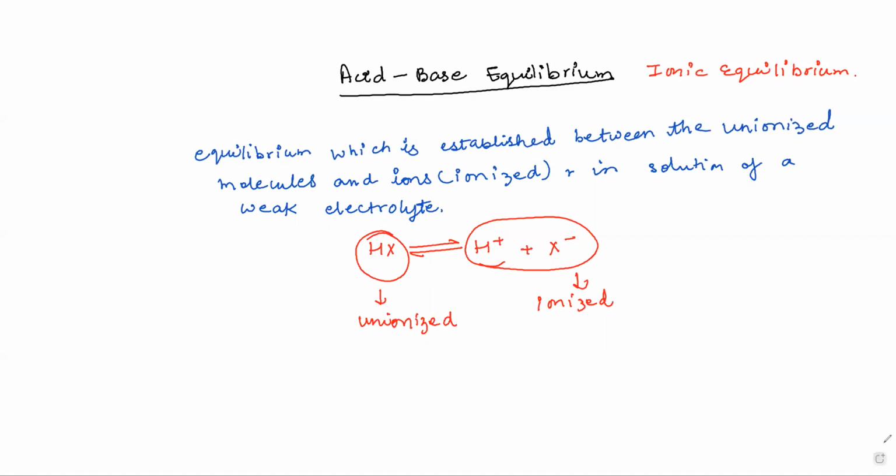Next, we have what actually are acids and bases. Earlier, many developments were made to explain things regarding acids and bases. Definitions were mainly based on observable properties, such as taste. You know that acids are sour in taste and bases are bitter in taste.